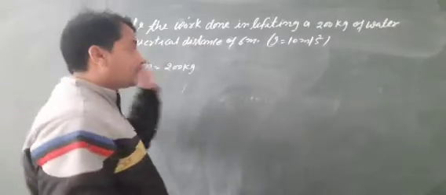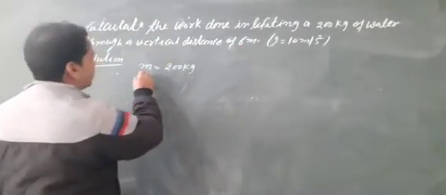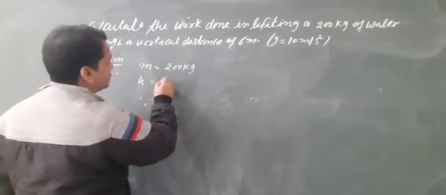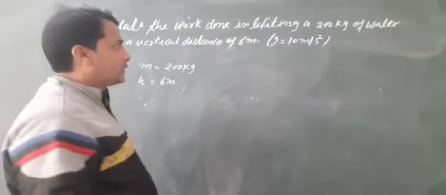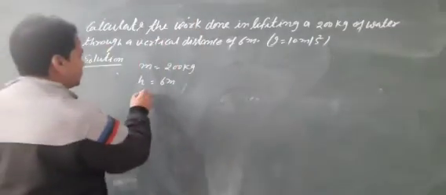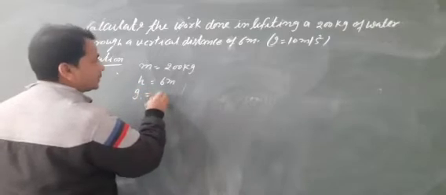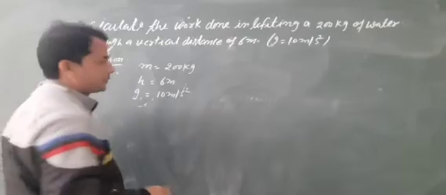So it is clear that height is given here, h equal to 6 meter, and acceleration due to gravity is given, that is 10 meter per second square. So g equal to 10 meter per second square.